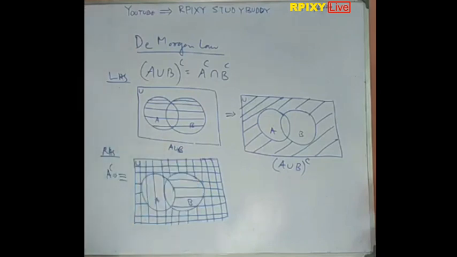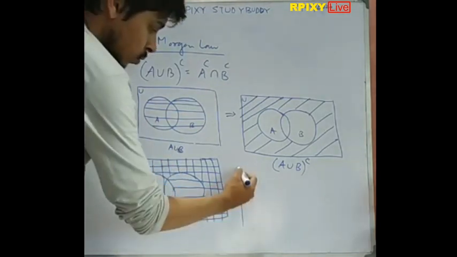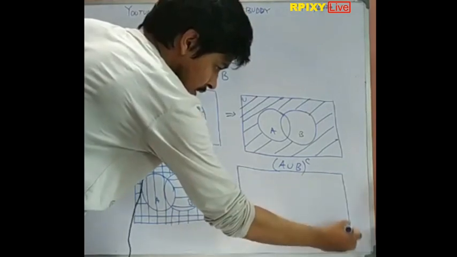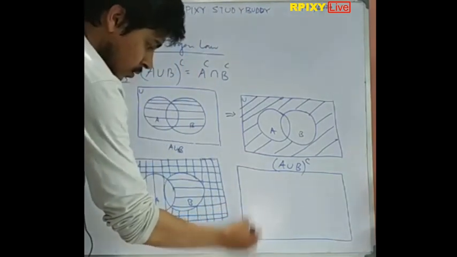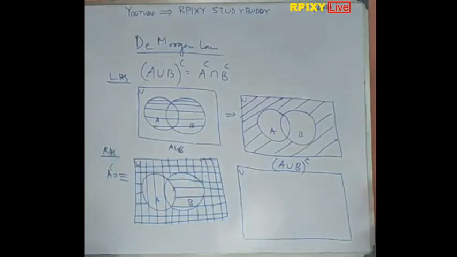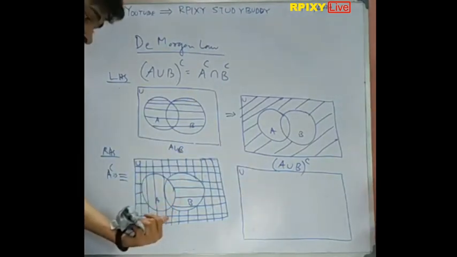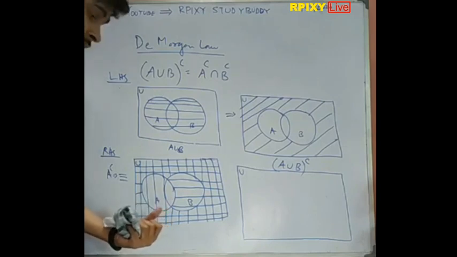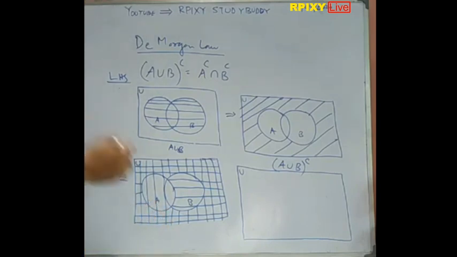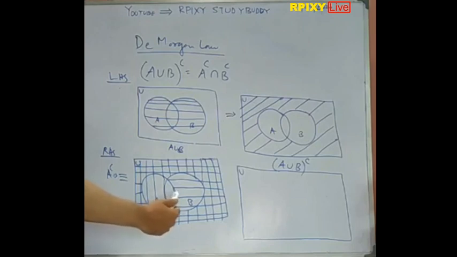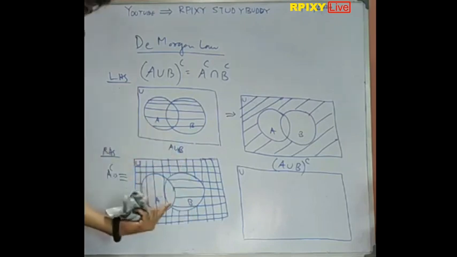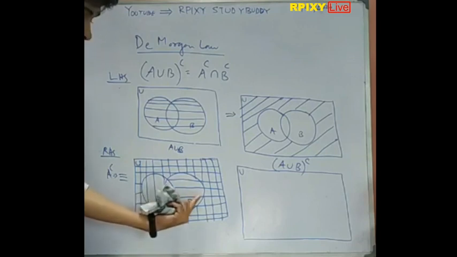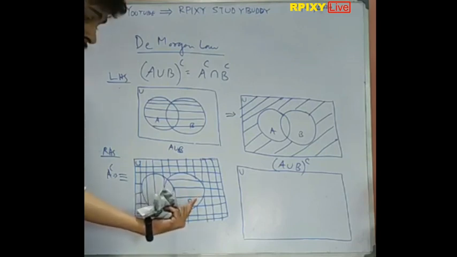Now you have to take the intersection of A complement and B complement. So what will be that set? Suppose this is the universal set. In the case of intersection in a Venn diagram, take only the region where the double line is there. See, there are double lines just outside of A and B. Inside A, a single line. Inside B, that is also a single line.